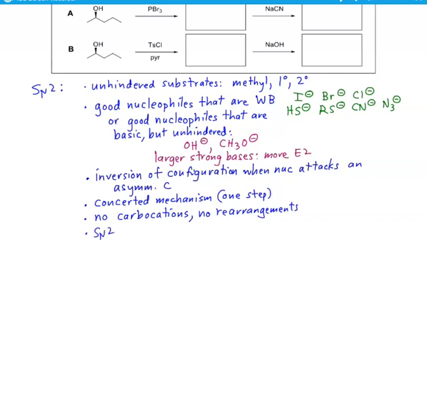And finally, we know that SN2 reactions go faster in polar aprotic solvents. And the polar aprotic solvents that we've seen: acetonitrile, acetone, DMF, DMSO.